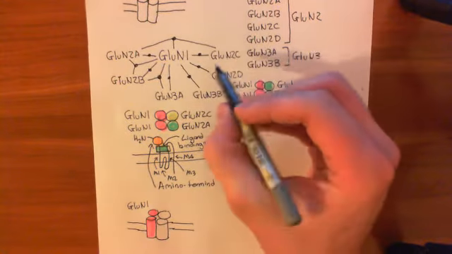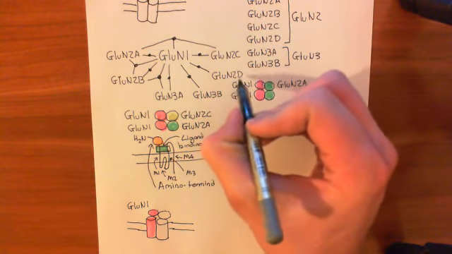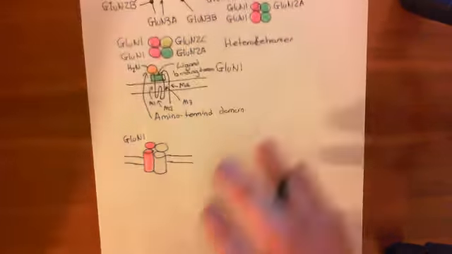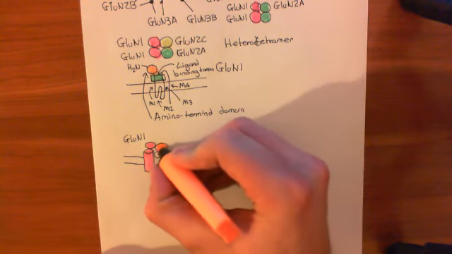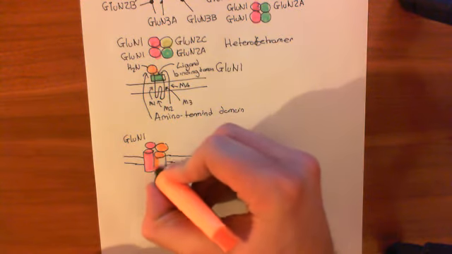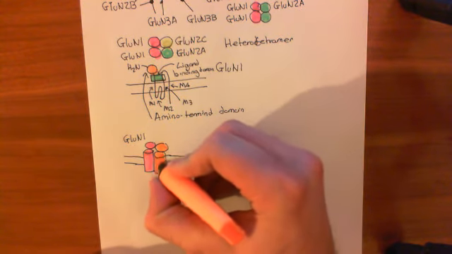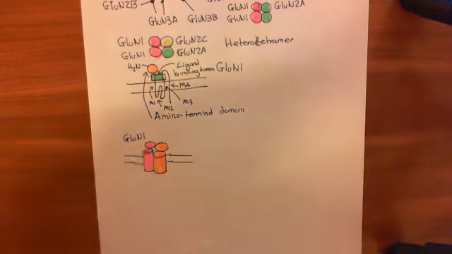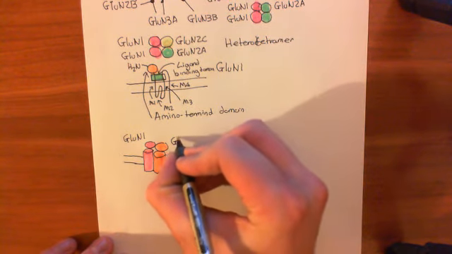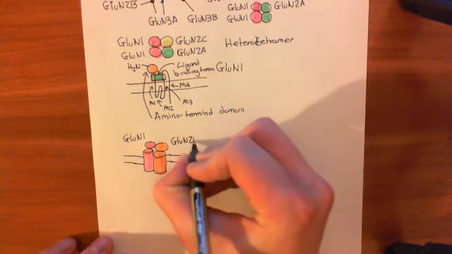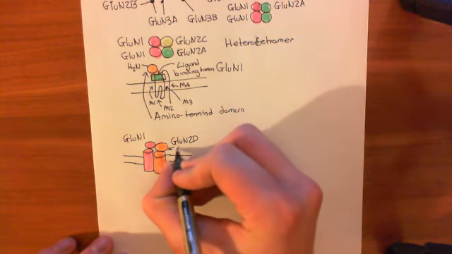So let's have 2 gluN2Ds in here to make us an NMDA receptor, but it could have been any of the alternatives. So both of these are gluN2Ds.